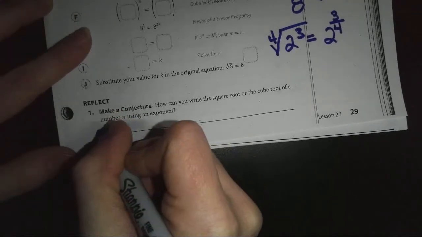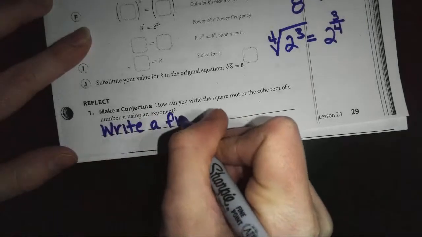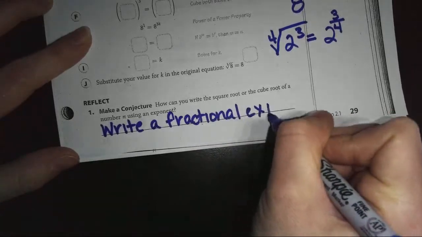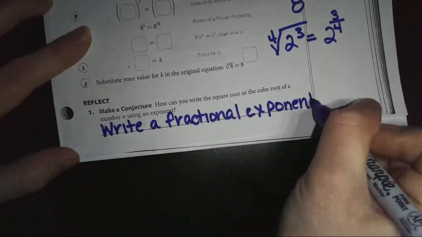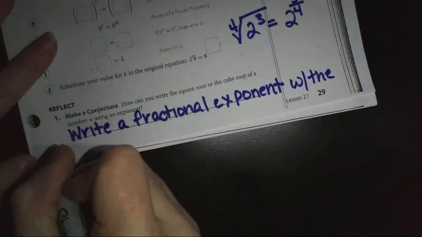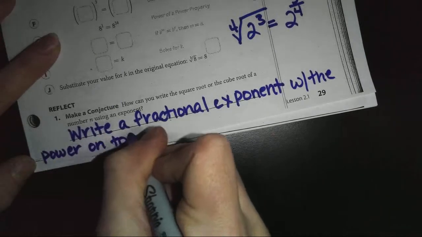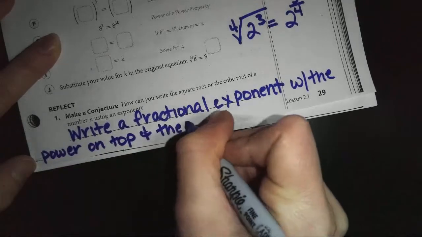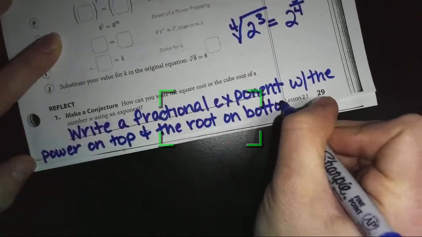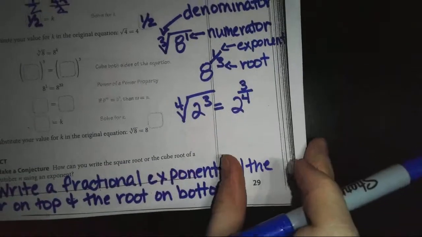So you're going to write a fractional exponent, or an exponent that's a fraction, with the power on top and the root on bottom. Just like up here, power over root, 1 over 3.